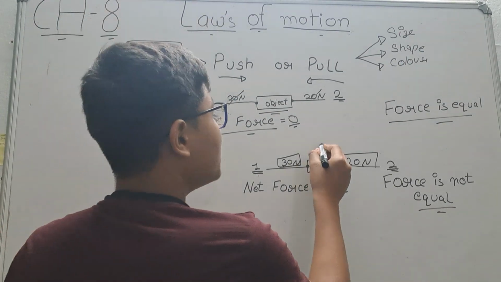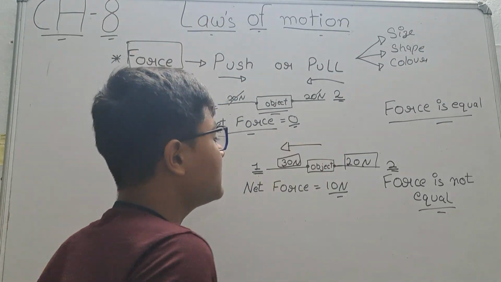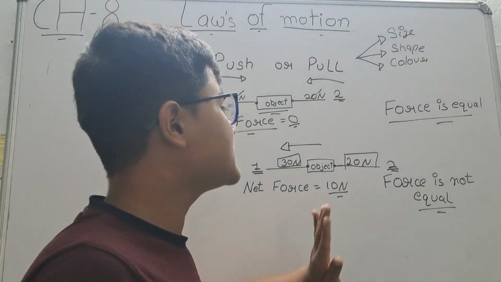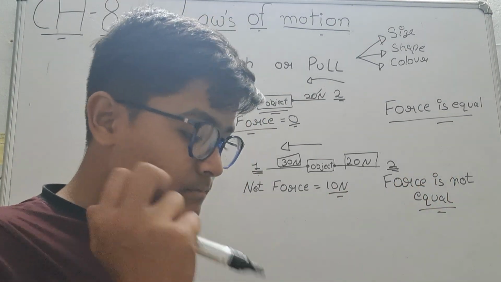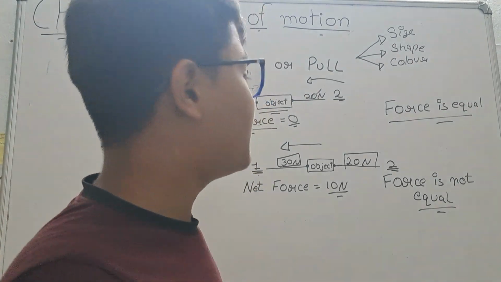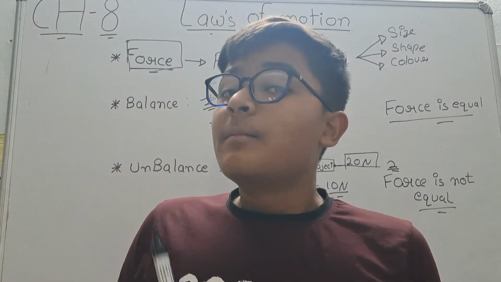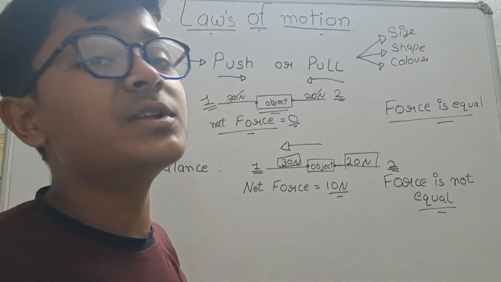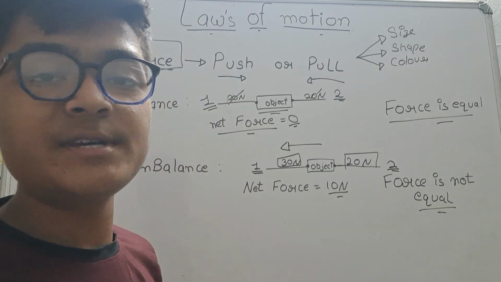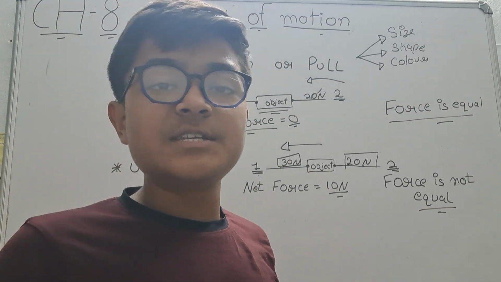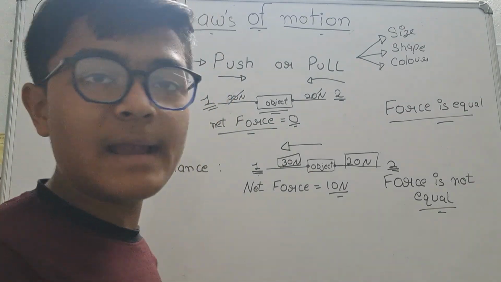So the brick will move in the direction of the first person, and the net force is 10 Newton, and the forces are not equal. From this example we found out that balanced force is when both sides are applying equal force on an object, and the net force is 0.